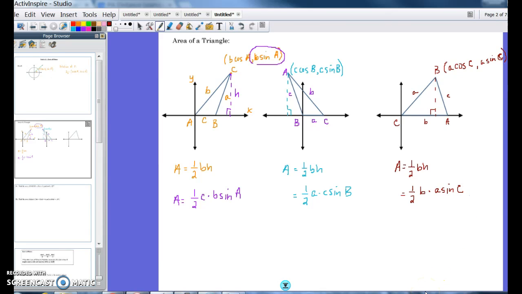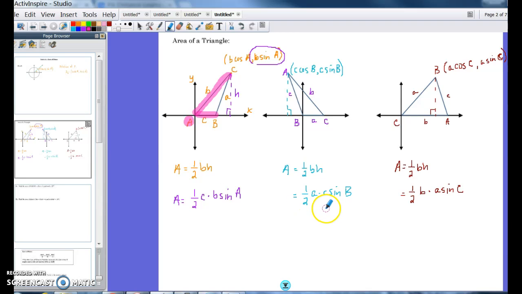And so if you were to look at all of these formulas, notice the pattern that's going on here. It's 1/2 the two sides times the sine of the angle between them. So this is B, this is C, and A is the angle between them.